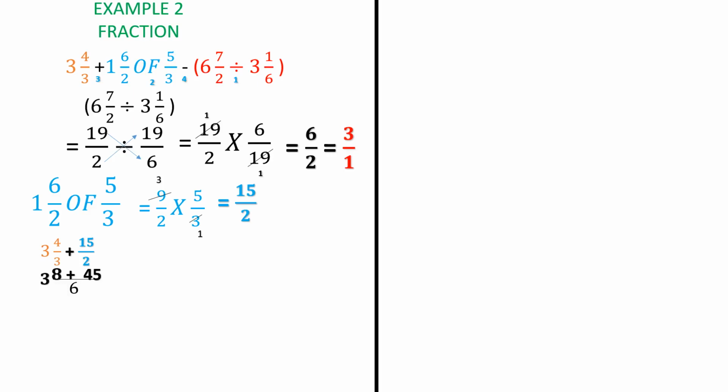Where is 8 plus 45 from? 6 divided by 3 is equal to 2 times 4 is 8, plus 6 divided by 2 is 3, times 15 is 45. So therefore the answer for addition is going to be equal to 3 whole number 53 all over 6. So that is the answer for addition.